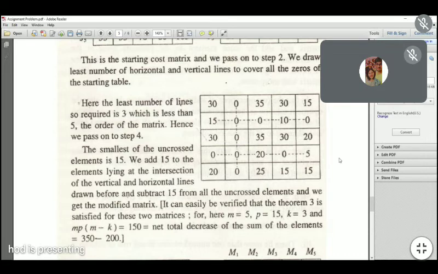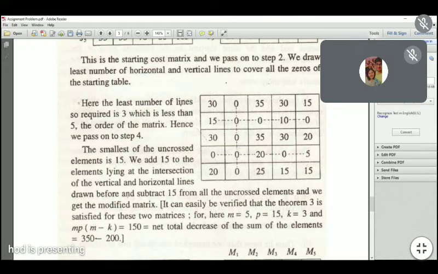My problem was that I was able to cover all the zeros with 3 lines only. Here the order of the matrix is 5. Why did this happen? Because if you look at column 2, all the zeros are in one column, there are 5 zeros. So I used one line to cover all 5 zeros, because they were all on the same line.